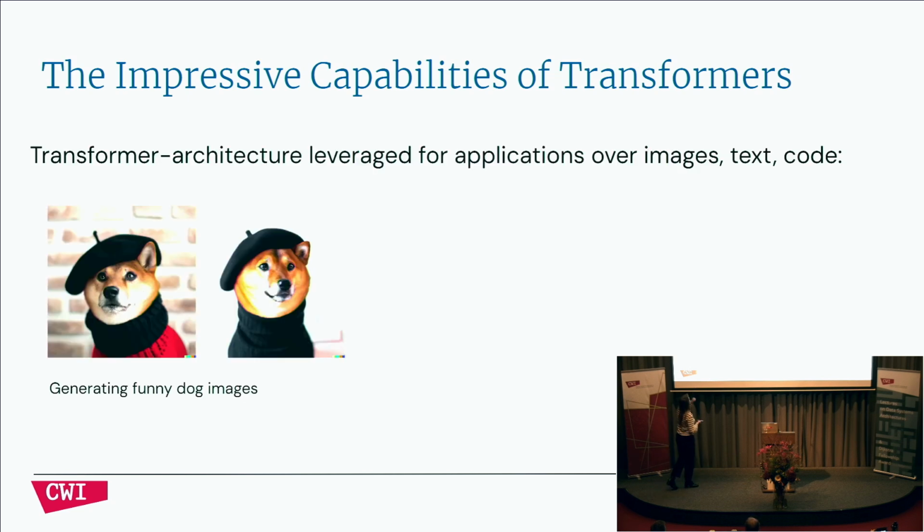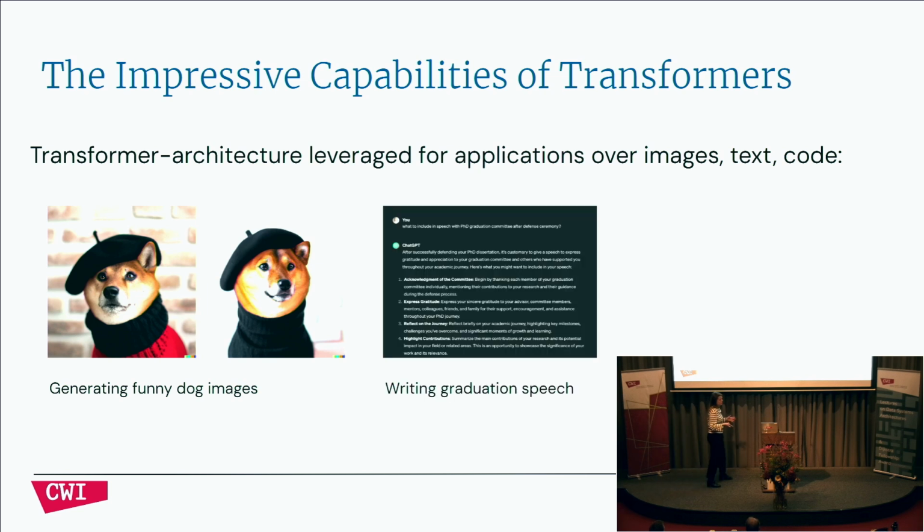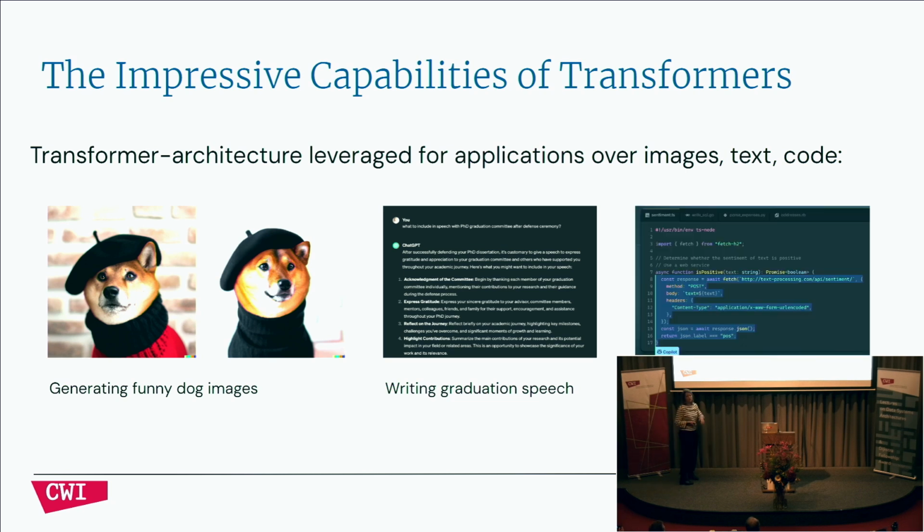For example, creating funny images of dogs. You've probably also seen that it can generate text, right? ChatGPT really helped me generate my graduation speech. But it can also complete our code, which is already a step closer to our world of relational database systems.